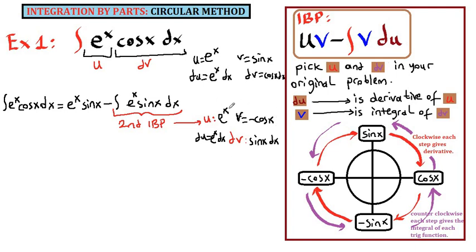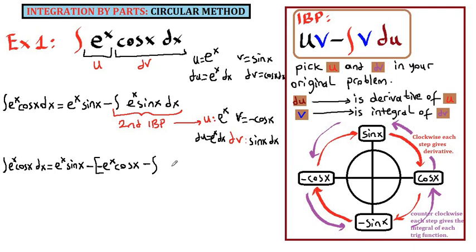Now we need to plug this into our integration by parts formula. So our original problem, the integral of e to the x cosine x dx, turns into e to the x sine x minus, instead of this integral we have the second integration by parts, which is u times v, which is e to the x negative cosine x, minus the integral of v du.